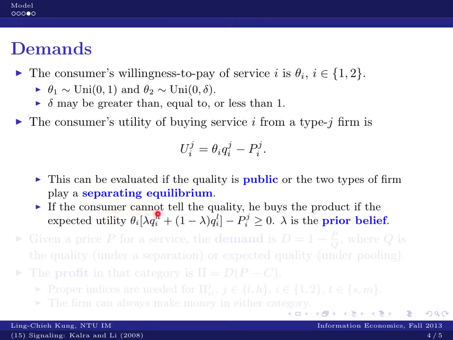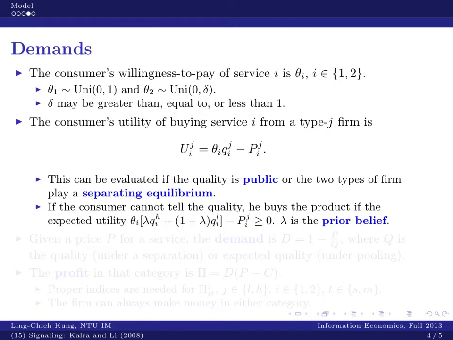So if the consumer cannot tell the quality, then the consumer will buy the product if and only if the expected utility here is non-negative. Here, this thing is the expected quality, and we define lambda as the prior belief.